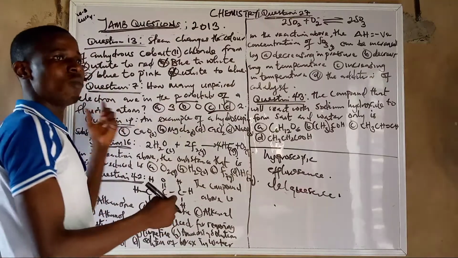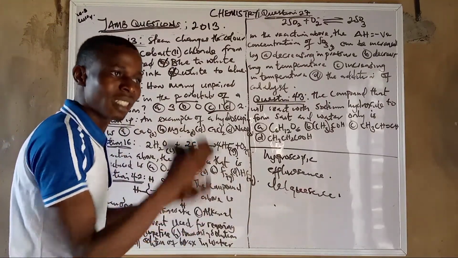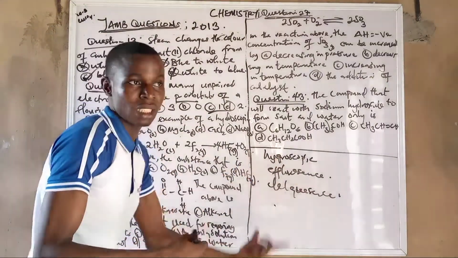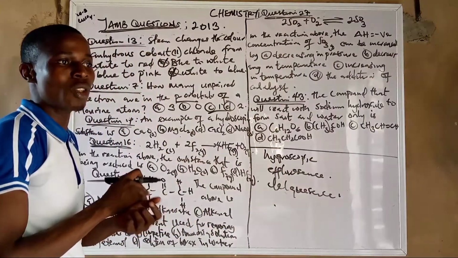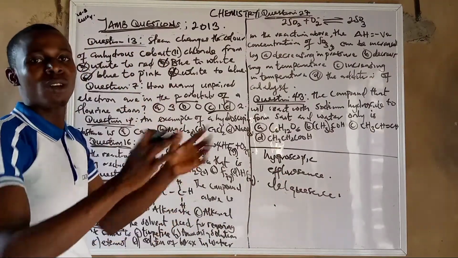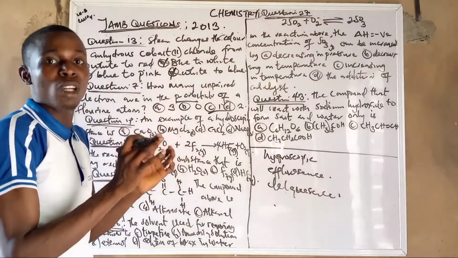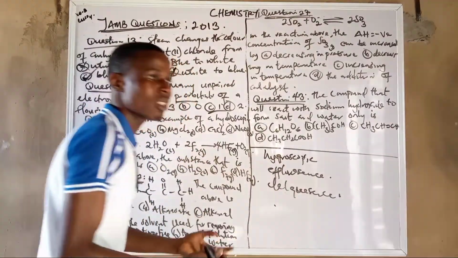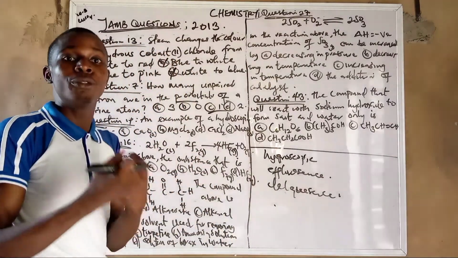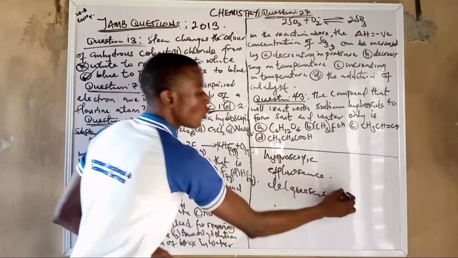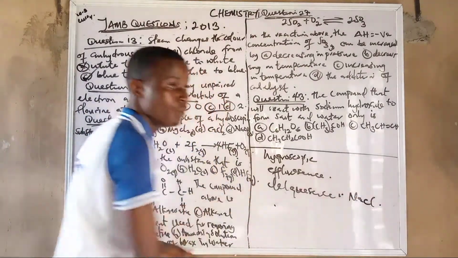Hygroscopy is when a particular salt takes in water without forming a solution. Efflorescence is when a salt loses some or all of its water of crystallization. Deliquescence is when the salt absorbs water and forms a solution. Take for example, common salt, NaCl, the one we have at home.